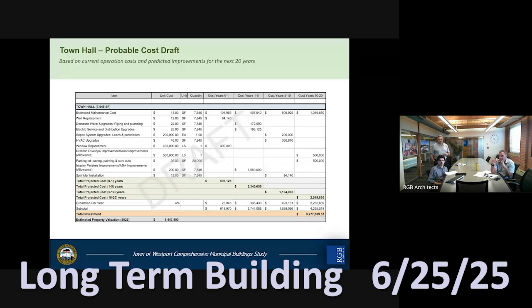So we looked into those numbers to try and fold them back into this. So we tried to keep them all consistent, but not all of them are the same. In other words, you don't need a new well here, but you need a well there, or immediate needs. So that's why we tried to push it out over the next series of years.